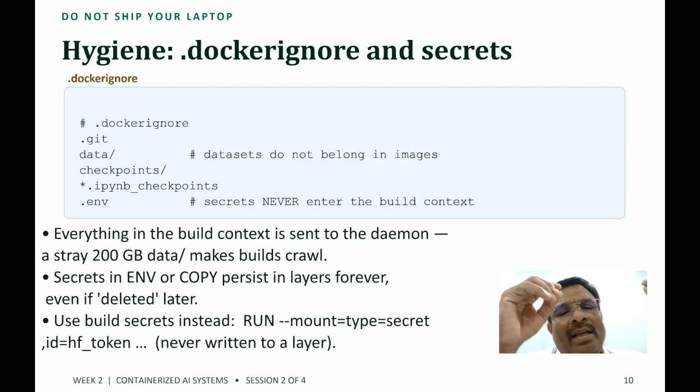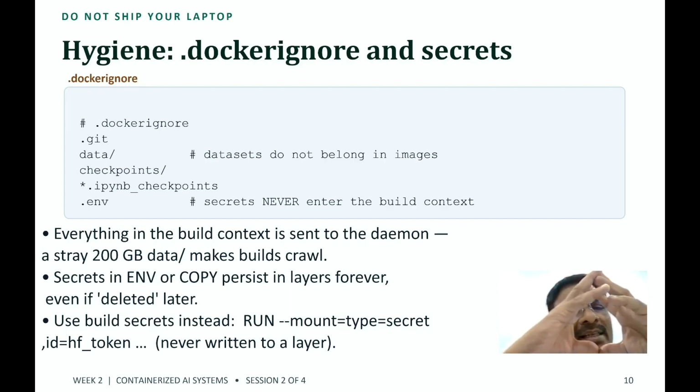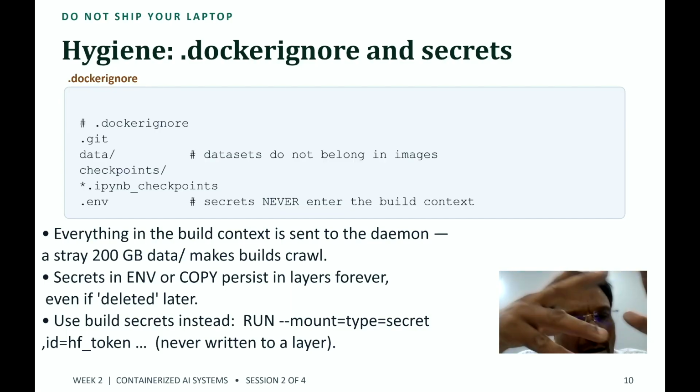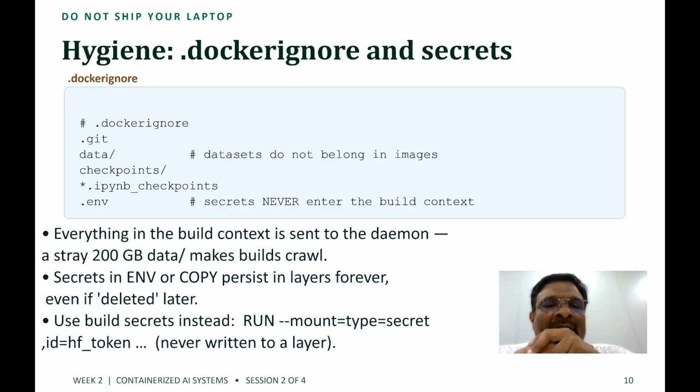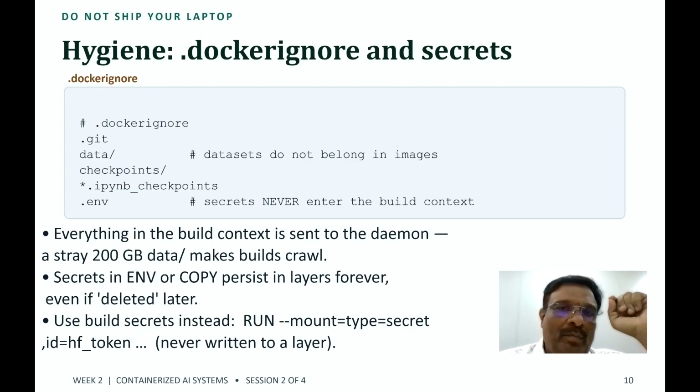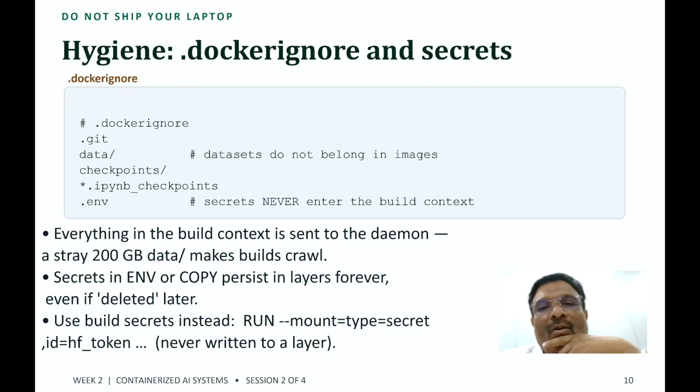The environment file, or a copy persisting in the layer, is always known to people, even if it is deleted. So this is the idea of using certain commands which are more secure in nature, but we'll not go into those detailed things now. For the time being, we should know that Docker ignore and secrets are things which we might use.